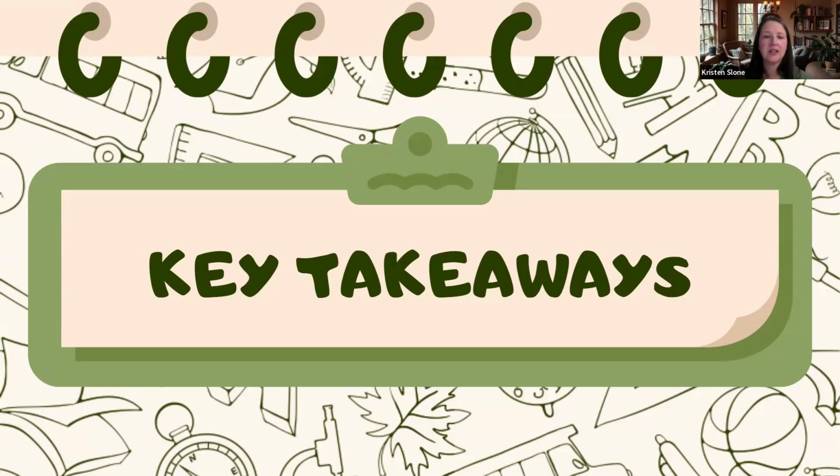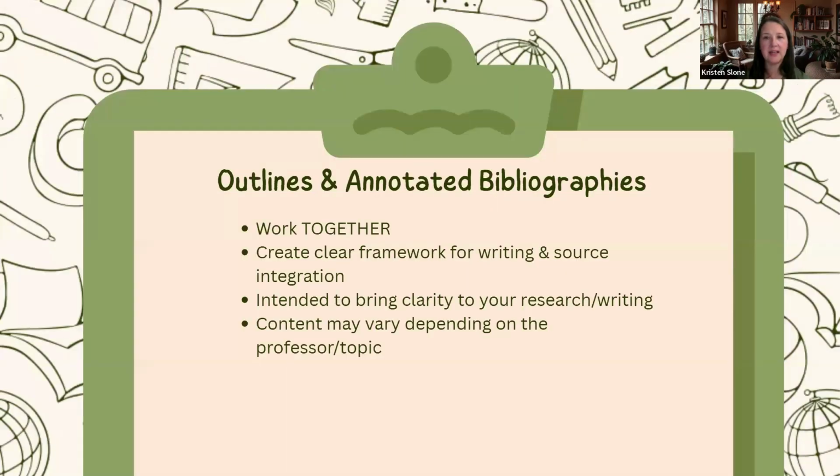Okay. So I've got some key takeaways from what we've talked about tonight. First, outlines and annotated bibliographies work together. One's not better than the other. They're like this beautiful marriage of work that you'll do. They really do help create that clear framework for writing and integrating those sources.